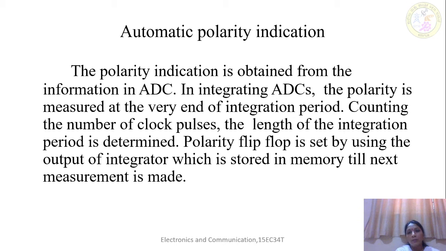The polarity flip-flop is set by using the output of the integrator, which is stored in memory till the next measurement is made. So it is very easy. Here the integration period is counted in terms of the number of clock pulses, and these counted clock pulses are stored in memory till the next measurement is made.